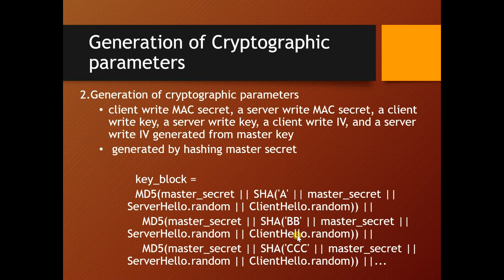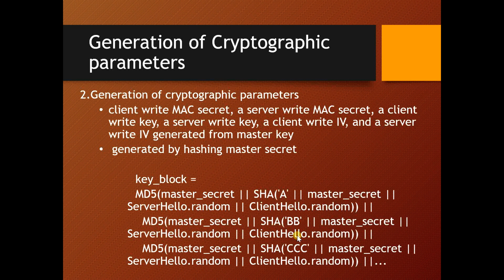In both cases, ServerHello.random and ClientHello.random are the two arbitrary values which are exchanged in the initial hello messages. The result of this algorithm structure will be a pseudo random function, and we can view the master secret as a pseudo random seed value to that function.